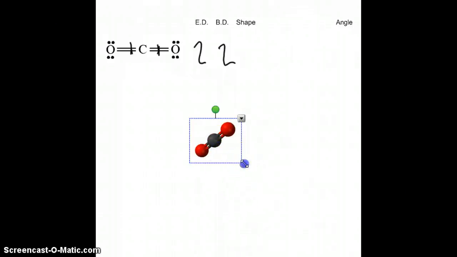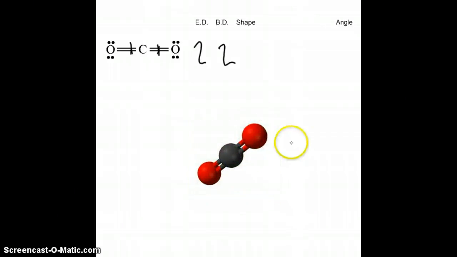Now, let's go down again. So now we have something like carbon dioxide. Carbon dioxide has 2 electron domains and 2 bonding domains. Carbon, the central atom, has 2 electron domains, 2 bonding domains. And now the shape here, when we take 2 things around a 3-dimensional object and put them as far away from each other as possible, we are going to have something that looks like this.